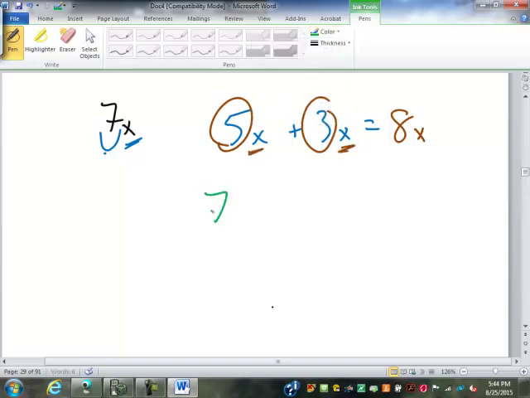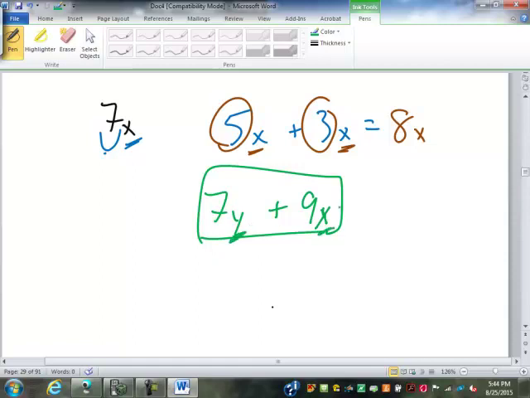If we had 7y plus 9x, what do we get? Yeah, 7y plus 9x. Because they have different names, we cannot combine those with addition or subtraction.